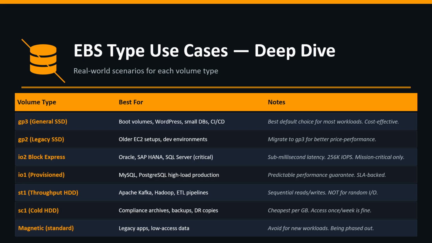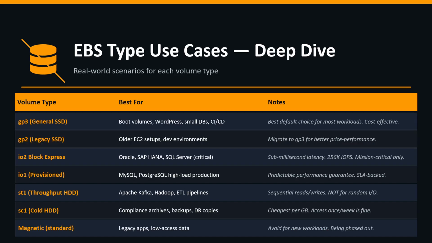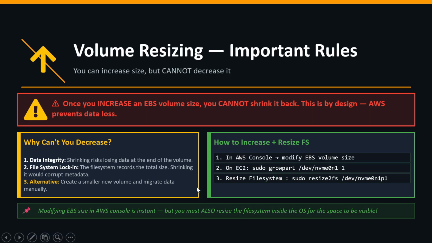Let's go to the details about the EBS type use cases. We already discussed this in the previous slide: GP3 the general SSD, GP2 legacy SSD, with best use cases as you can see. Let's go to volume resize. The important rule: once we increase an EBS volume size, we cannot shrink it back.